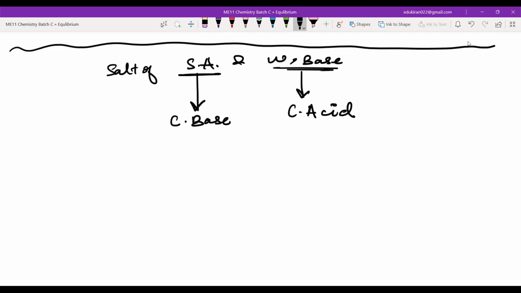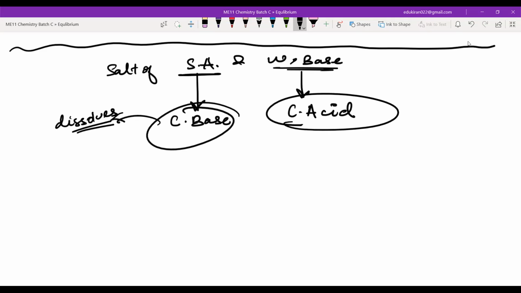Now this conjugate base will not hydrolyze, it simply dissolves. But this conjugate acid, what does it do? Tell me, what does it do?